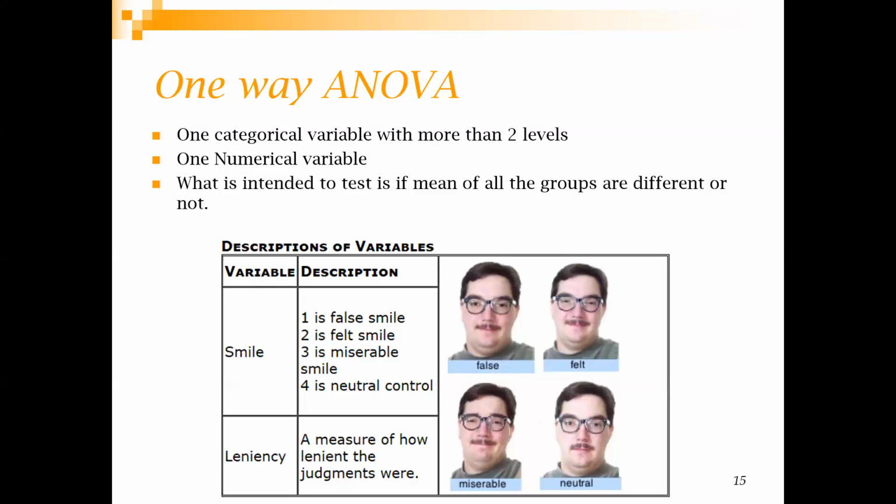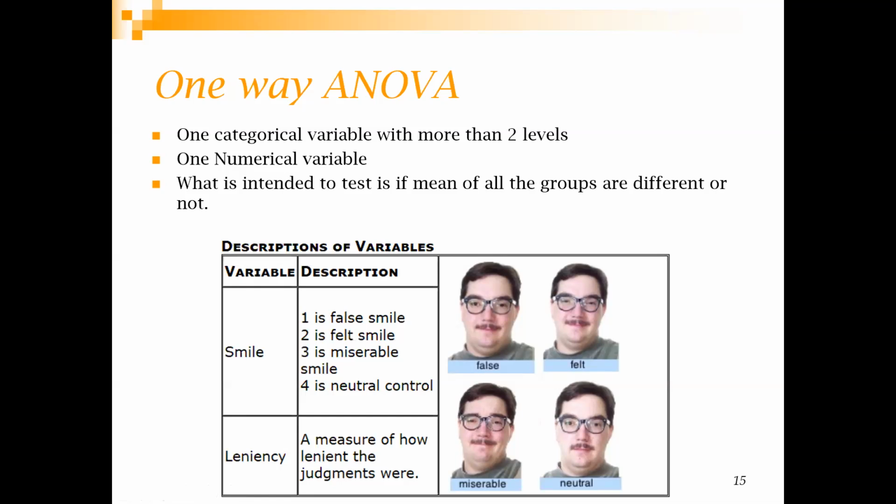Sorry. Okay, so basically this is one further example where there are 4 cases, and the test is very funny. You can find it on the internet. It is called the smile versus leniency case study. If you have done something wrong and you smile, do you get a lesser punishment or not?